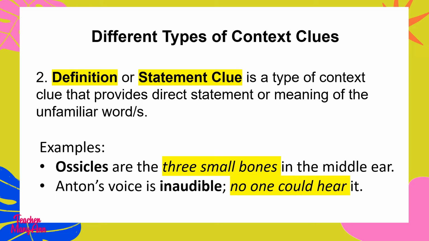It is directly stated in the sentence that ossicles are the three small bones in the middle ear. Okay, second sentence, Anton's voice is inaudible. No one could hear it. The definition of the word inaudible is directly stated, which means no one could hear.